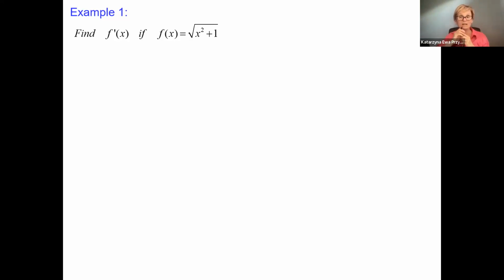What is the inner quantity? If we have the function square root of x squared plus 1, what's the inner function? Yes, it is x squared plus 1. I can say that x squared plus 1 is u, and then we have just square root of u.